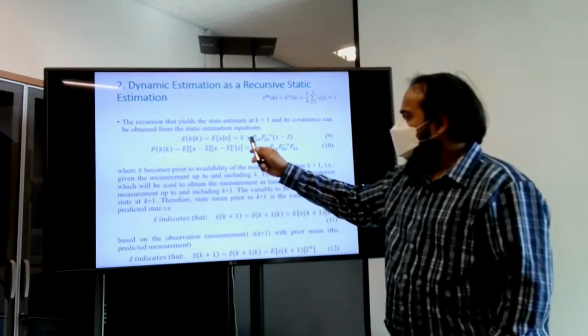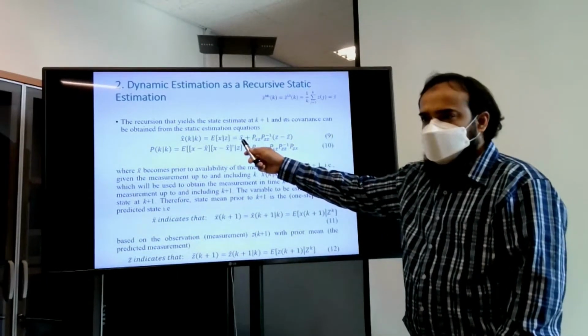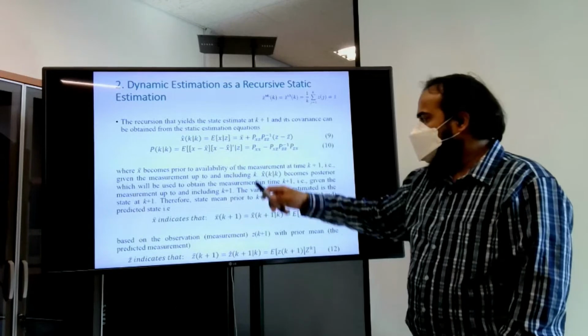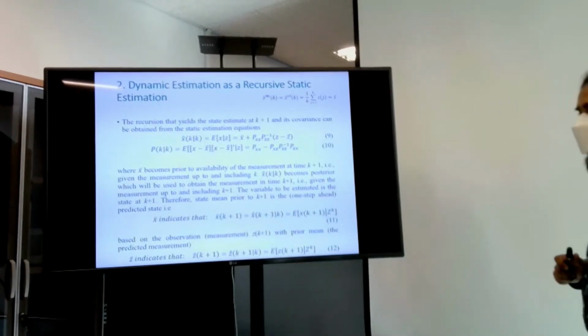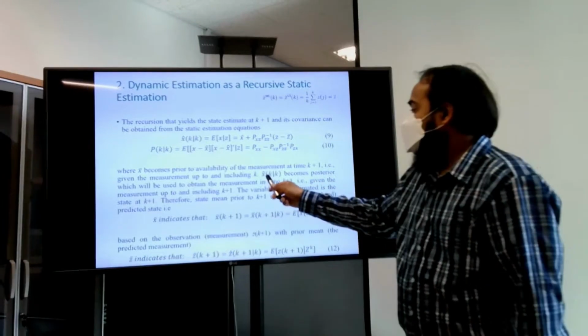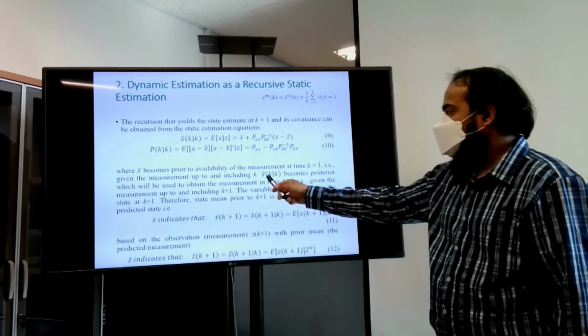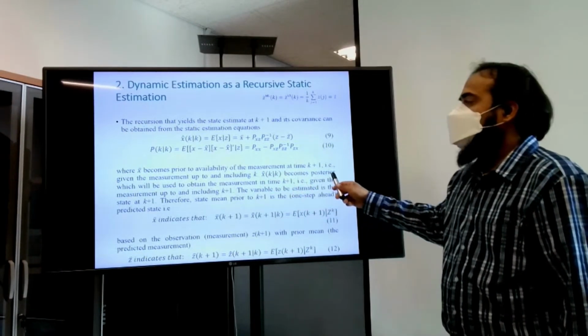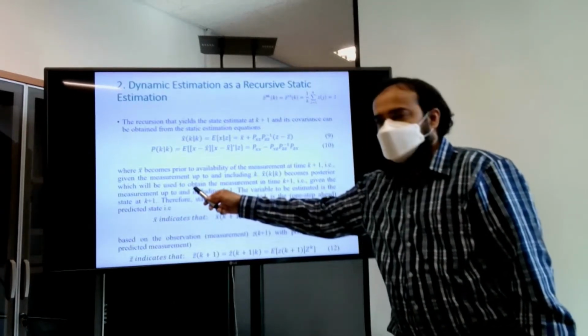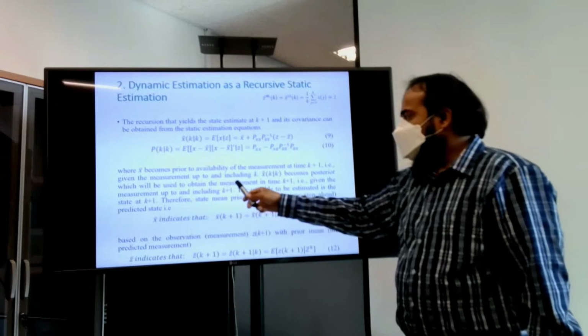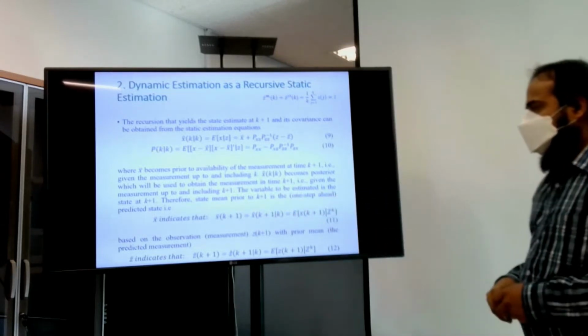So this information is given up to and including time k in time k plus 1. And this estimator becomes the posterior. This is a posterior value which will be used to obtain the measurement in time k plus 1.